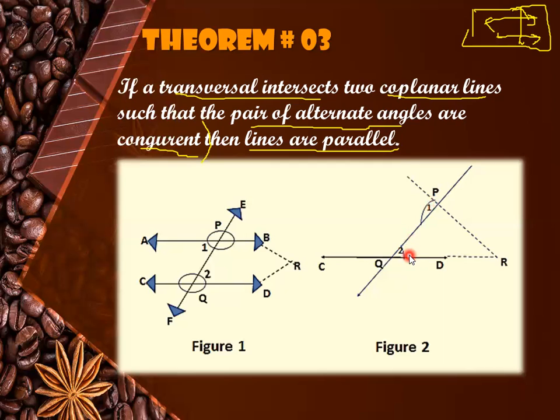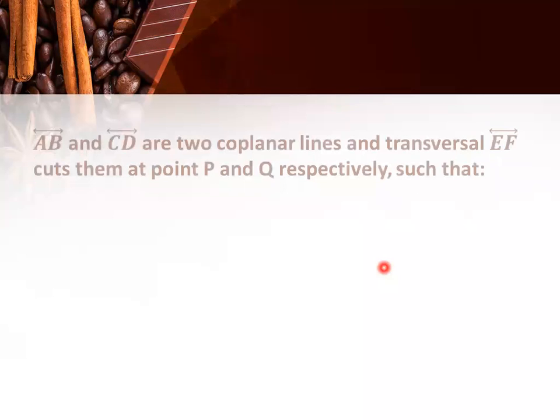So in figure number 2, you have assumed that line CD and line AB are not parallel, which means they are going to intersect at point R. Now you will get this type of figure, and this is your transversal. First of all, you should know what is given to you.